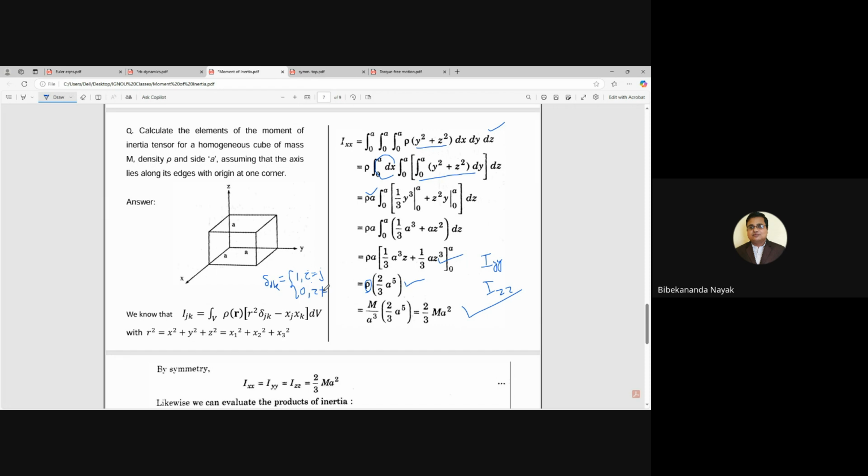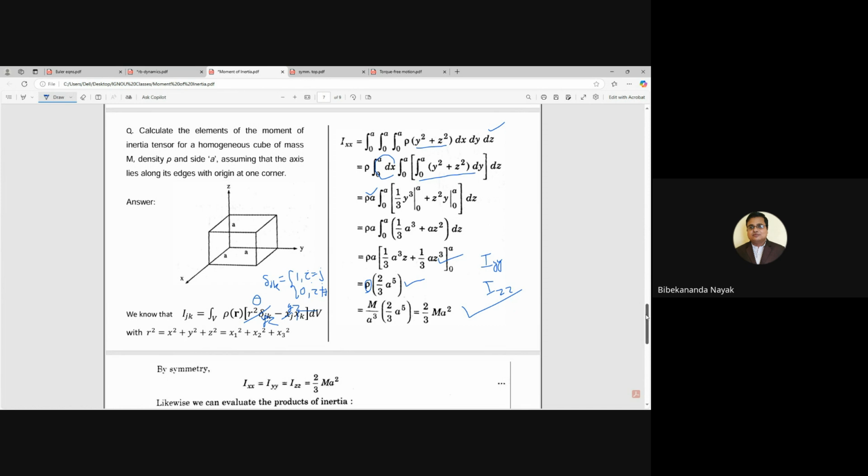So if my j is y and k is z, delta yz is equal to how much? 0. So only rho times minus yz remains.